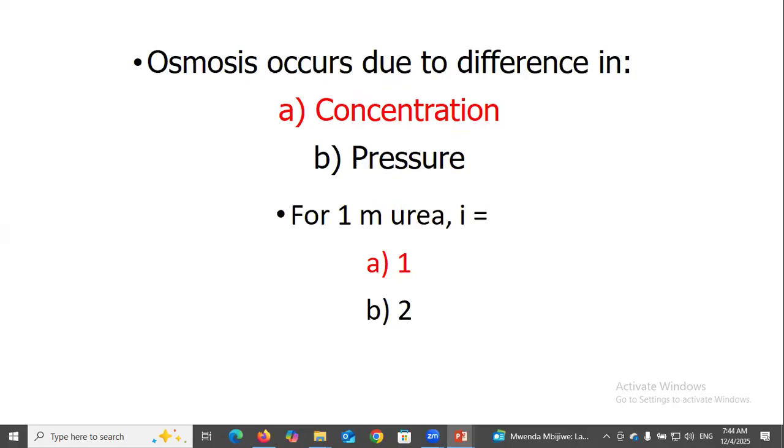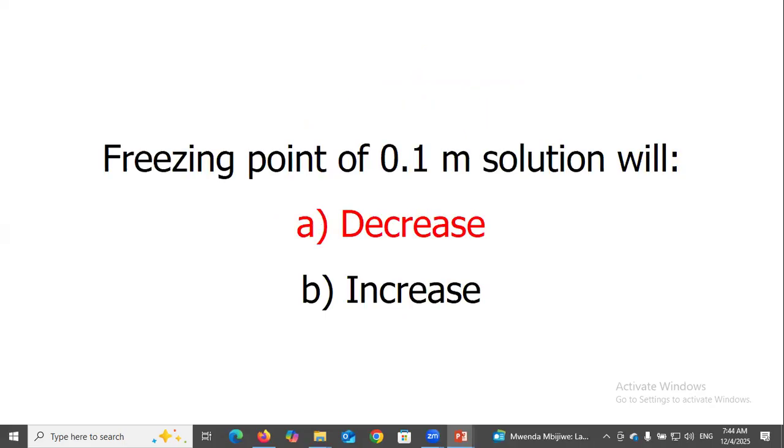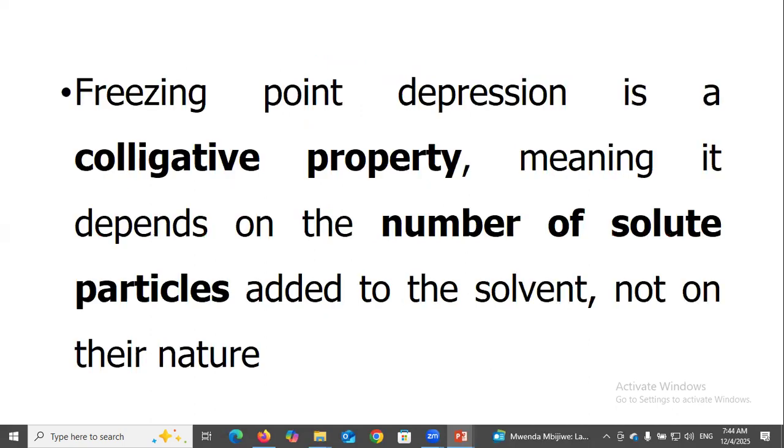Osmosis occurs due to difference in concentration. For 1 mole of urea, i equals 1. The freezing point of a 0.1 molal solution will decrease. Freezing point depression is a colligative property, meaning it depends on the number of solute particles added to the solvent, not on the nature.